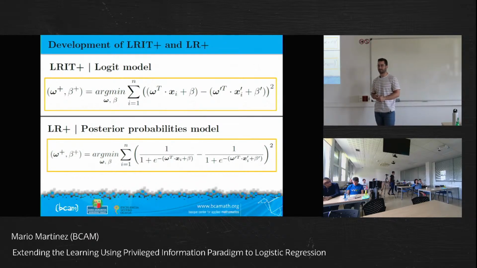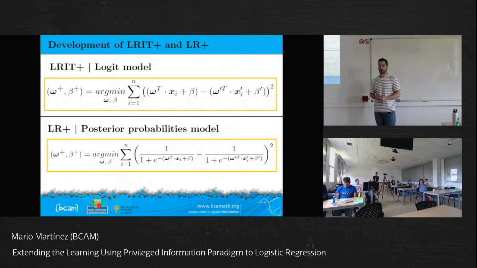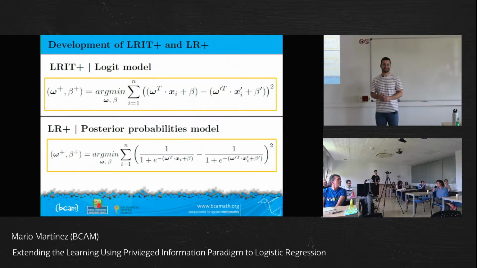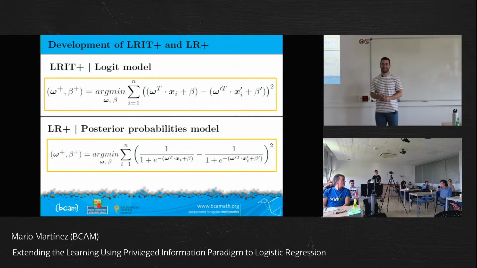Just a clarification. We are using logistic regression because we started with a problem in the health scenario. Physicians love logistic regression because they think they can understand it. But of course, it could be extended to another model where you consider interaction between the variables, though of course it would be much more difficult.